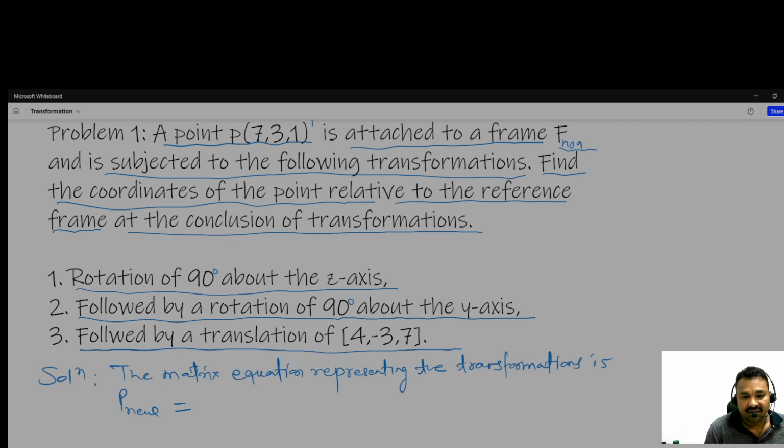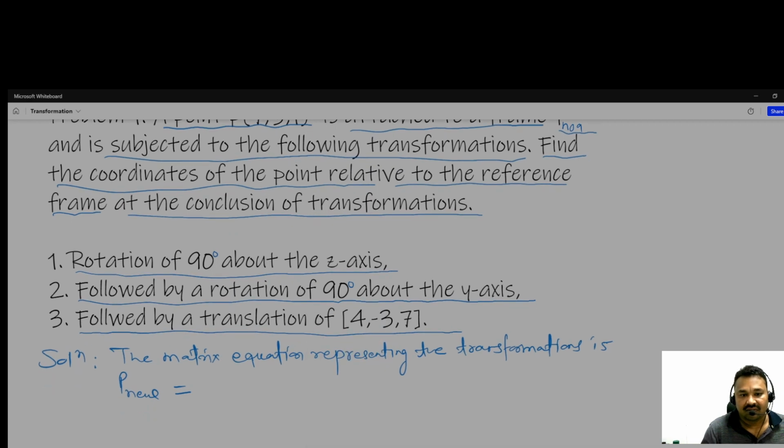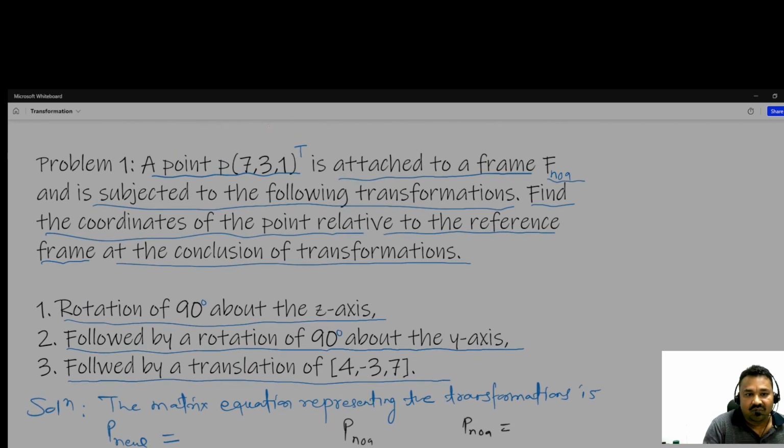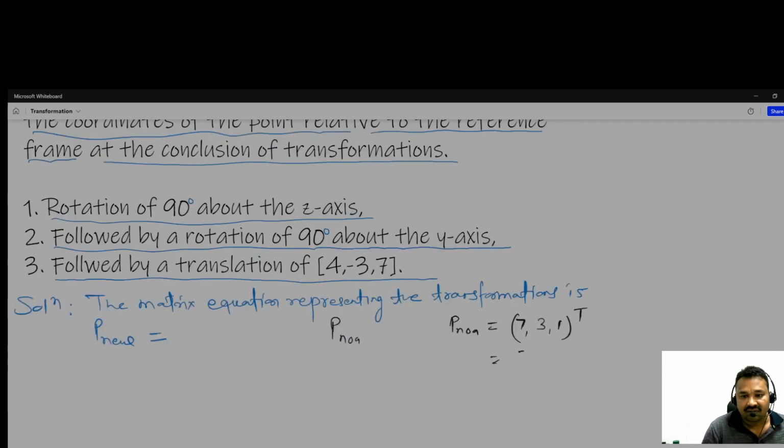So that is P and OA, and P and O, that is what? P and O is equal to, you can see here, this point 7 3 1, and is a transpose. So this can be written as 7 3 1. If you remove the transpose T, the row now becomes a column.